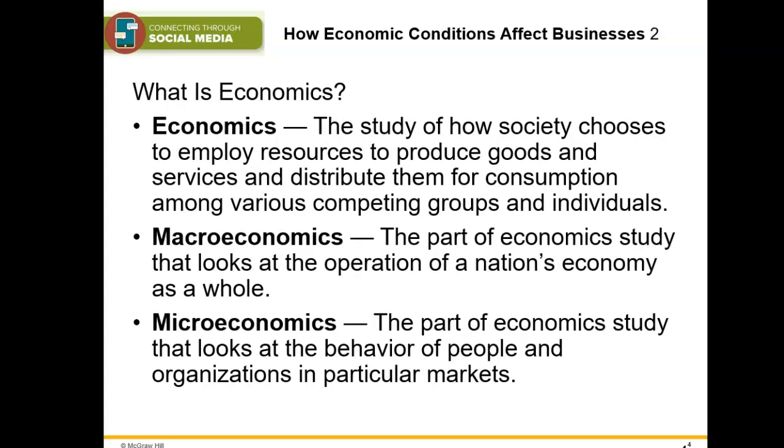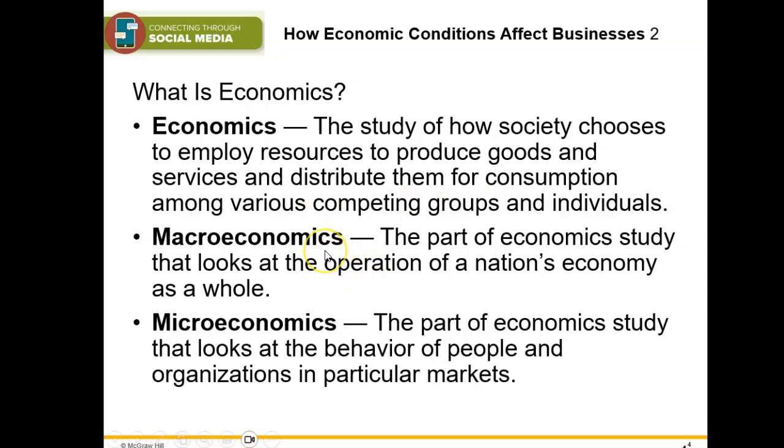So, what is economics? It is the study of how society chooses to employ resources to produce goods and services and distribute them for consumption among various competing groups and individuals. And we're going to break down that definition more throughout this presentation.